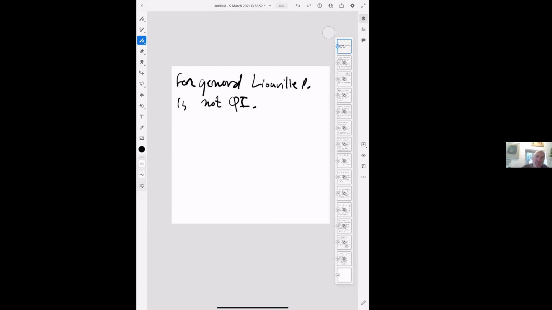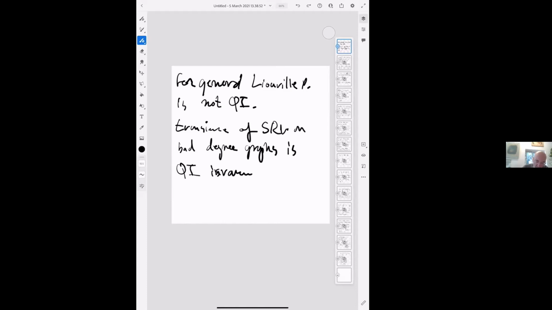He observed it for manifolds, but then transience of a simple random walk on a bounded degree graph is a quasi-isometry invariant.